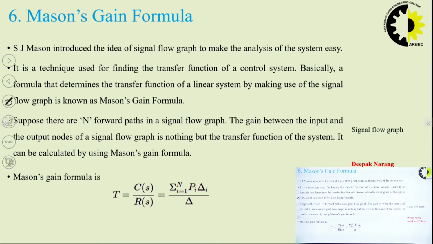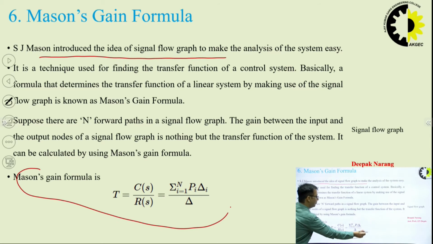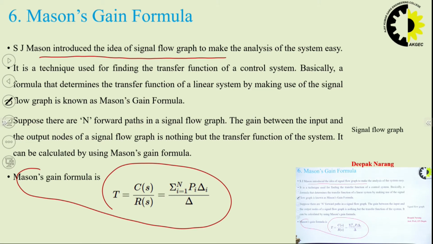Now once the SFG is done, next is to find the transfer function of the overall system. For this, S.J. Mason introduced the idea of signal flow graph for analysis of the system in a very easy way. So he proposed a formula which is termed as Mason gain formula, which is the summation of Pi delta i over delta.